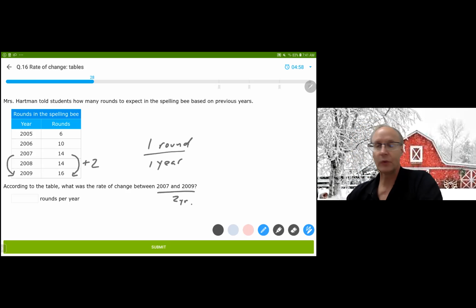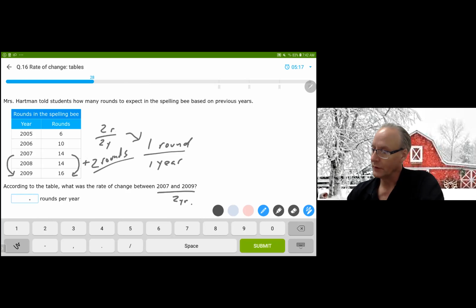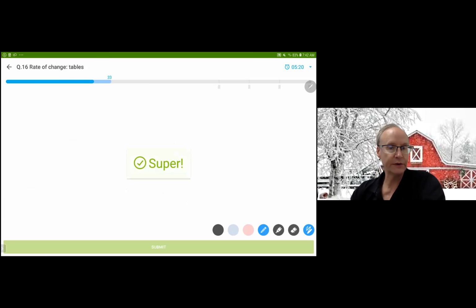And again, you could write the points and do the slope and so on, but this is up 2 rounds. Remember, it's always a change in y over 2 years, which is 2 rounds over 2 years, which is the same as 1 round per year. We always want to reduce our fractions there.